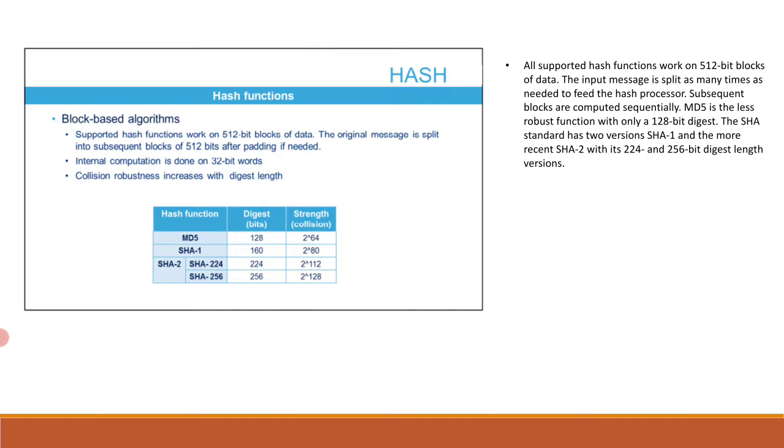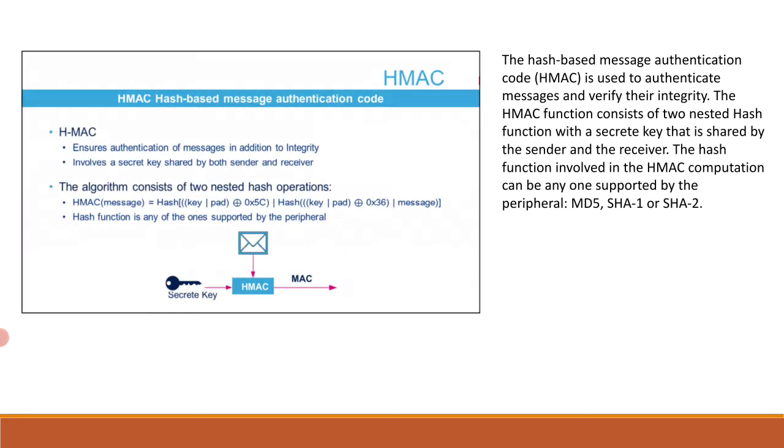There is something called the hash-based message authentication code, HMAC, used to authenticate messages and verify their integrity. The HMAC function consists of two nested hash functions with a secret key that is shared by the sender and the receiver.